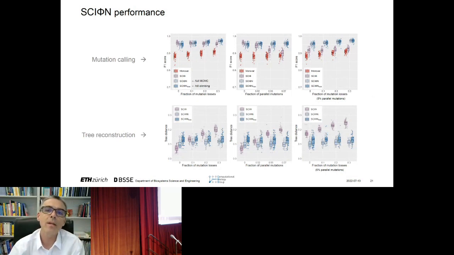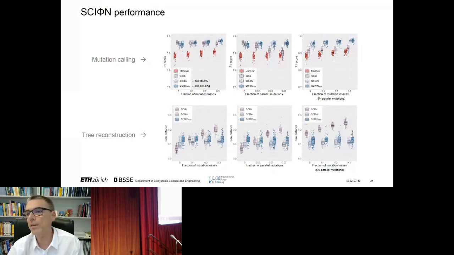And you see immediately that by not taking the tree into account, you have a considerable disadvantage here in terms of F1 score. You get much better calls by taking the tree structure into account. And now if we look at increasing fraction of parallel mutations, the previous version, not allowing that, of course, lost precision, and we are recovering this pretty much in the new version of the model.